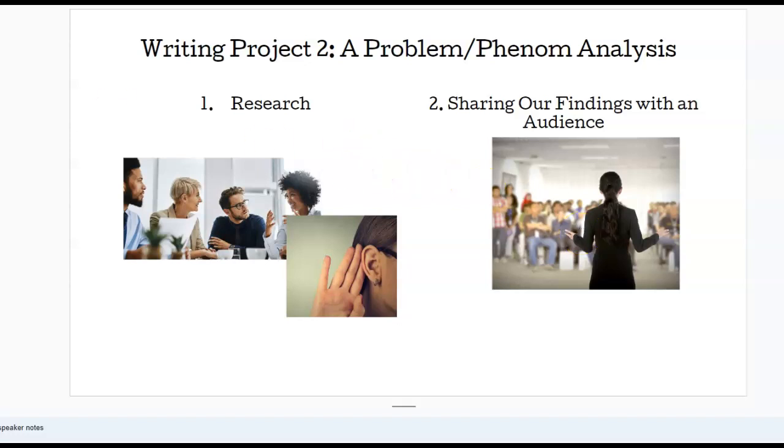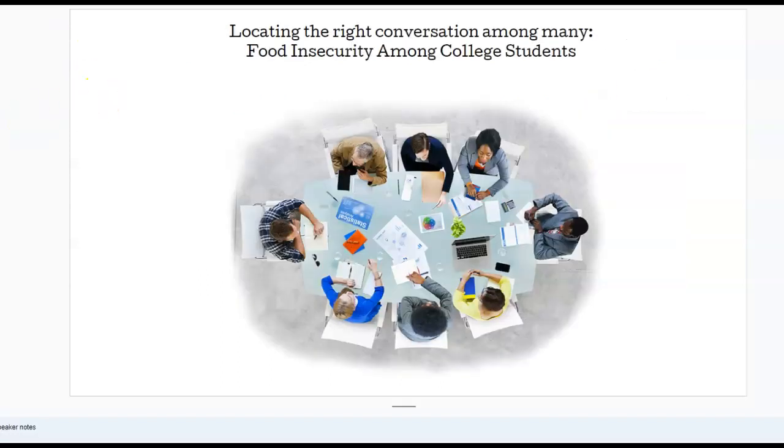And so I use this analogy. Let's say, for instance, that you went to a conference on hunger in the world, okay? And you found, this big conference, a lot of people are talking, a lot of tables are set up where people are gathered to talk, and you found the table of the issue that you wanted to look at, which was food insecurity among college students.